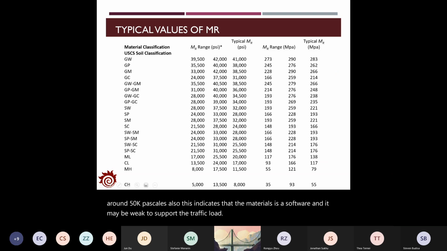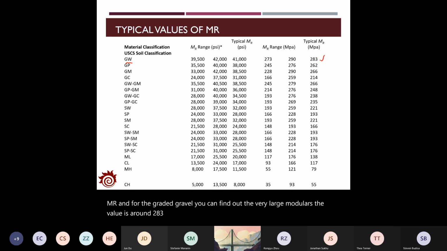And the next table shows the typical values of MR for different soils defined by the USCS method. With the USCS method, depending on the percentage of the gravel and sand particles, you can find different values of the MR. For the well-graded gravel, you can find a very large resilient modulus, around 283 megapascal.